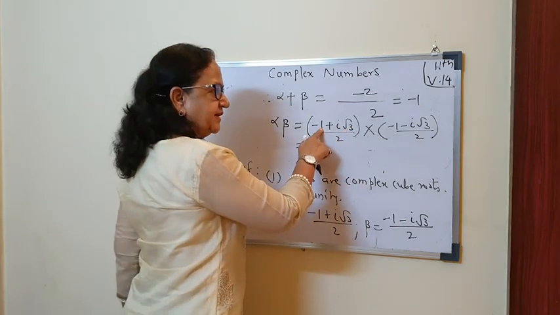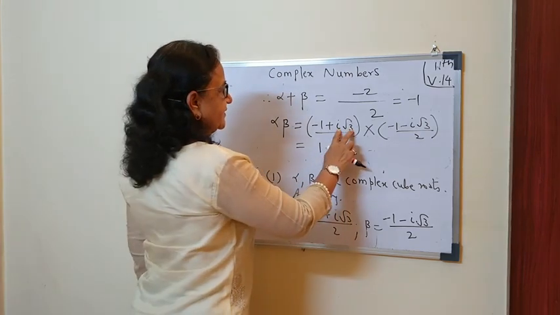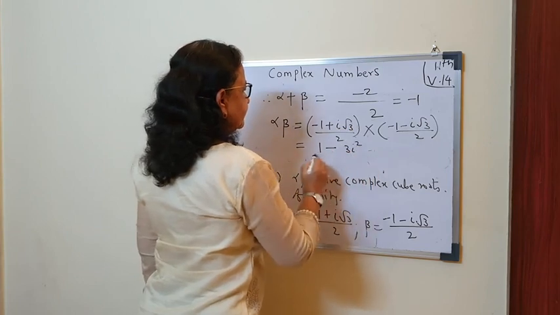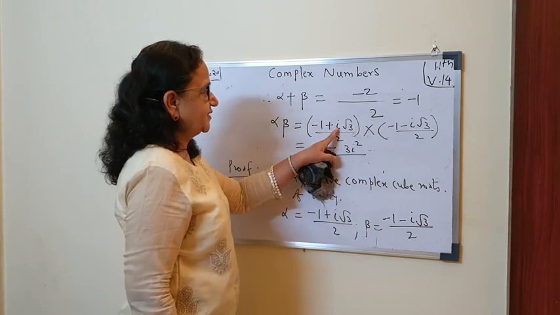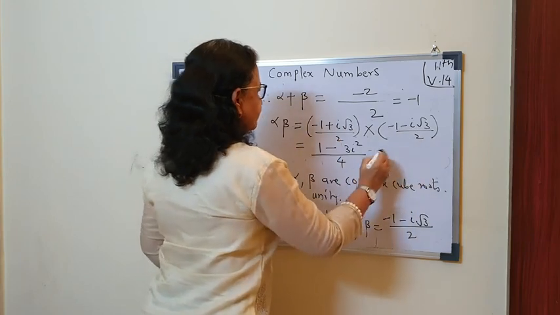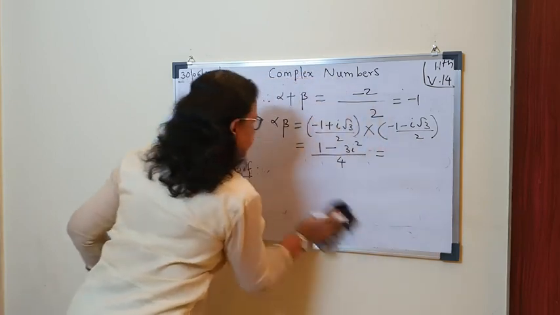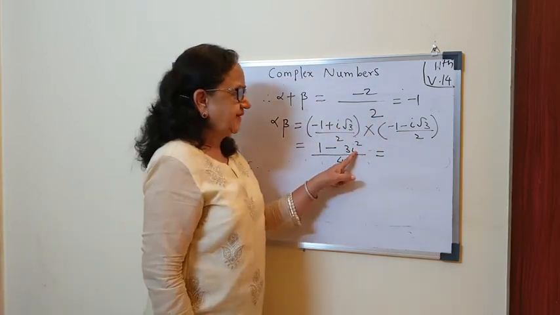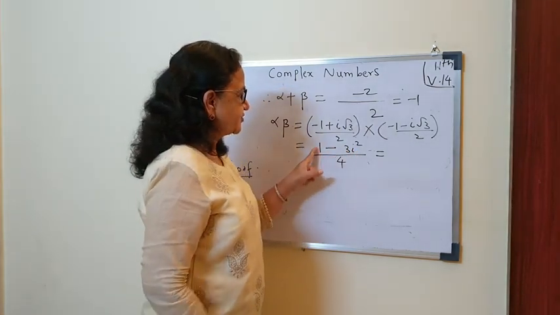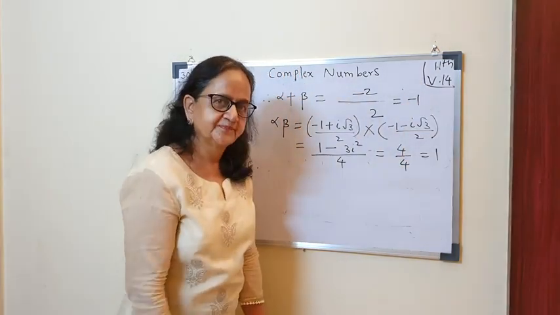A square is minus 1 square, which is 1, minus B square: root 3 square is 3, i square, and down 2 into 2, the denominator will be 4. Alright. So now you know what is i square? Minus 1. So minus into minus, plus 3. 3 plus 1, so it is 4 upon 4. And that's why you got the value as 1.